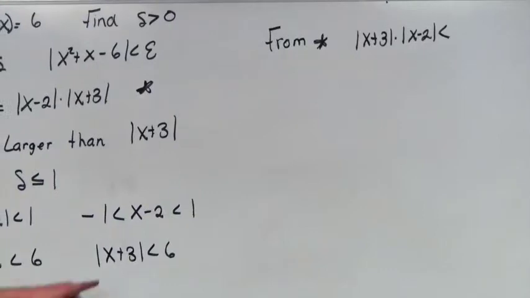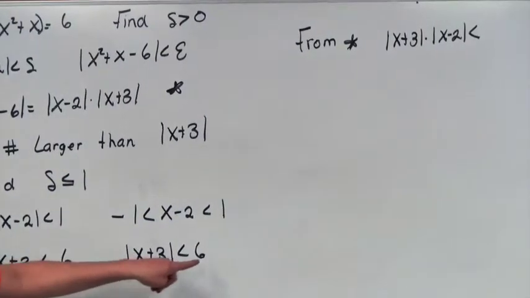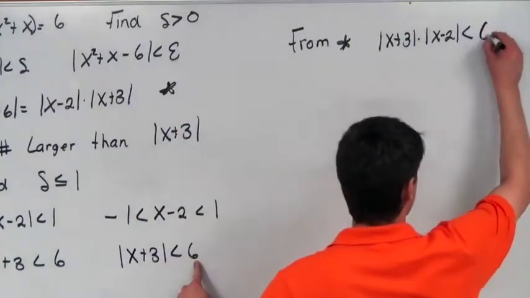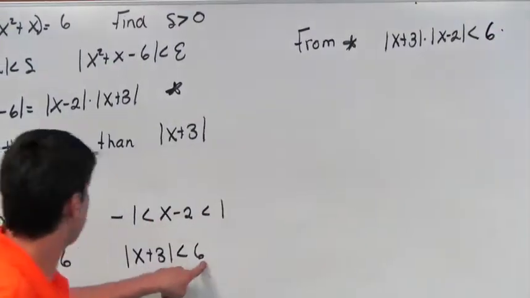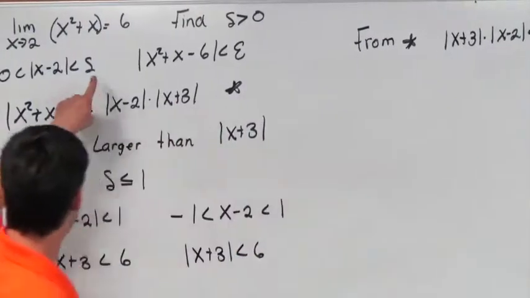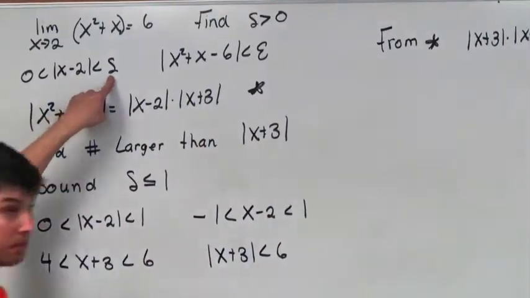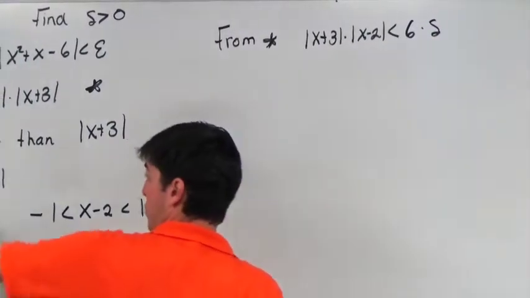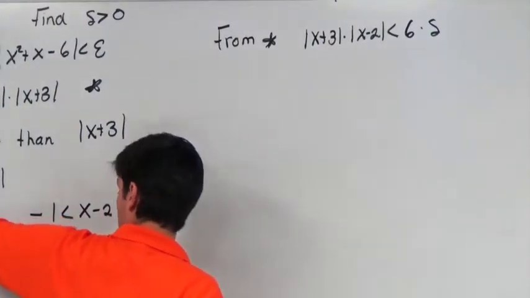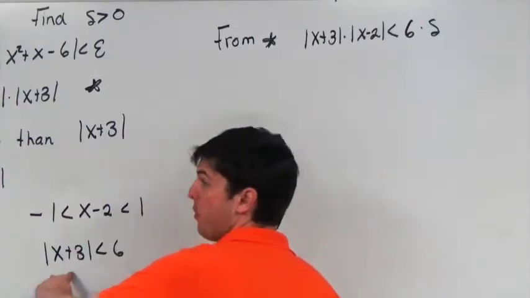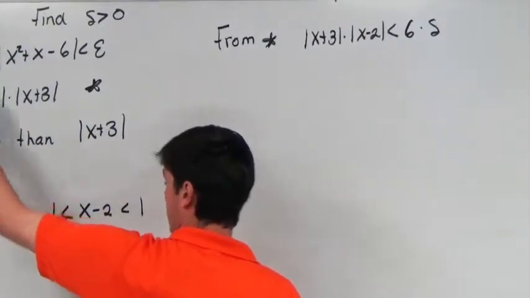What is bigger than the absolute value of x plus 3? The number 6. What is bigger than the absolute value of x minus 2? That would be delta. So I'm saying the product of the two small sides, the absolute x minus 2 and the absolute x plus 3, will be less than the product of the two large sides, delta and 6.